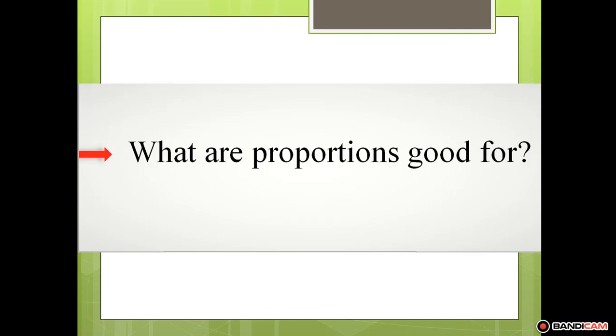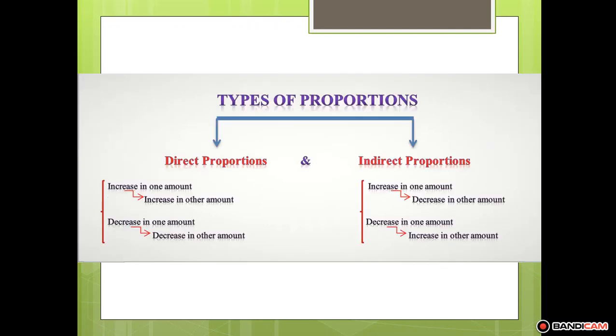Okay, let me explain. Students, proportions are used to find out something that we do not know by using the values that we do know.